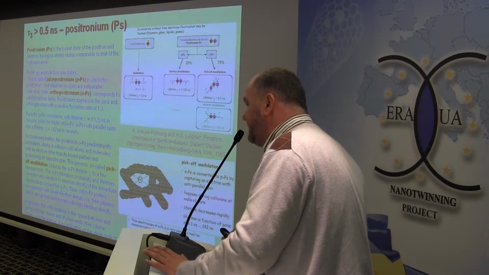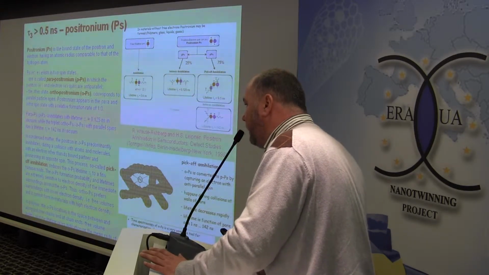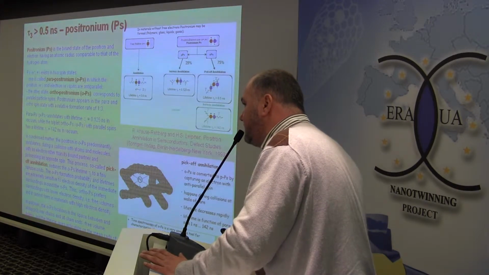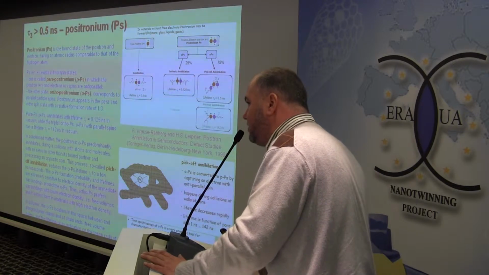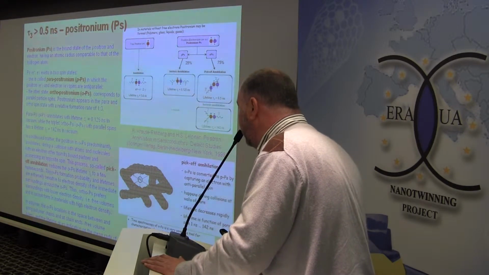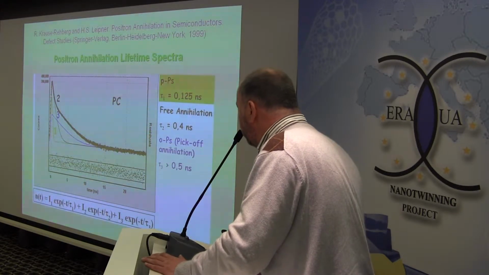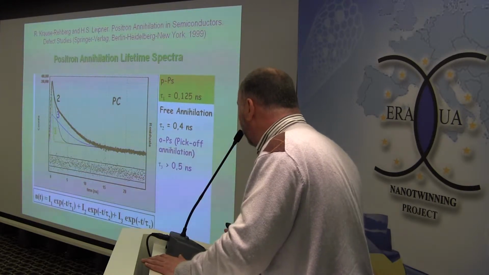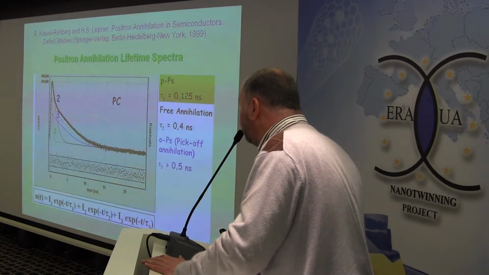When we study materials with positron annihilation lifetime spectroscopy and see a lifetime of a few nanoseconds, we can conclude that orthopositronium is formed in this material. In the typical positron annihilation lifetime spectra presented here, we have the pick-off annihilation process of orthopositronium leading to a lifetime higher than 0.5 nanosecond.